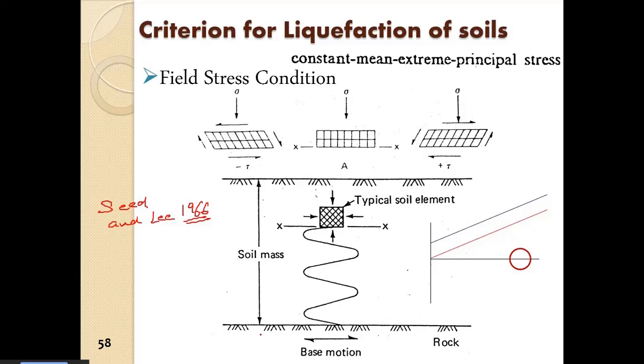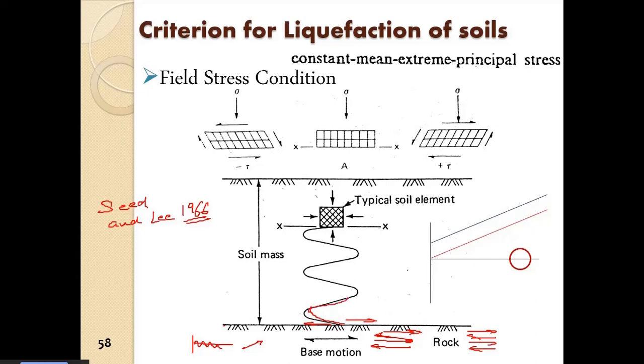So this is a rock, and the earthquake motion is applied to the rock. The rock moves in this direction once, then in the other cycle it moves in this direction. So it undergoes shear motion. When the rock moves in this way, the soil tends to move that way, and then again when the rock moves the other way, it tends to pull the soil in the other direction.